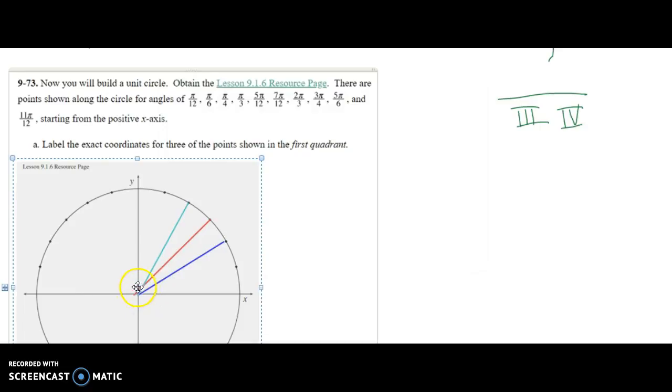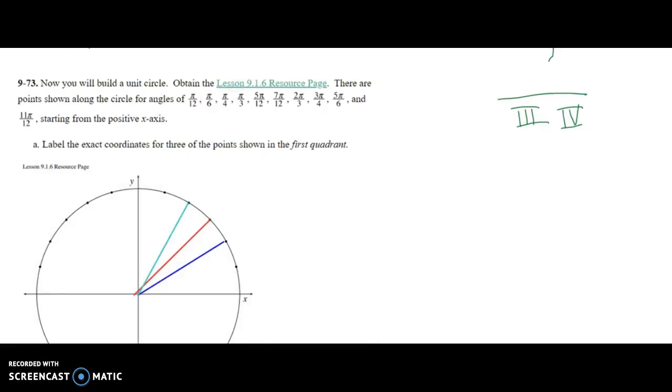Okay. And so we got these 3, and if we were just to do a quick drawdown, right, we were getting 3 right triangles. And now you don't have to necessarily draw the right triangles in, but we do want to label these points.